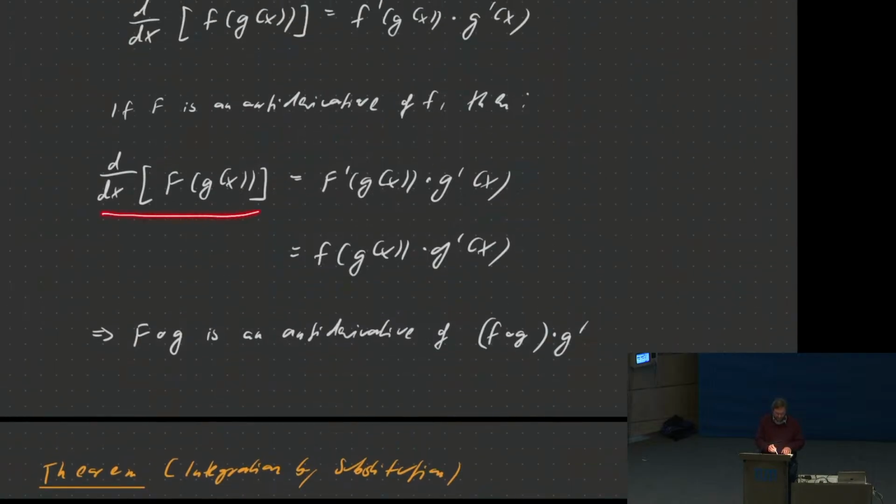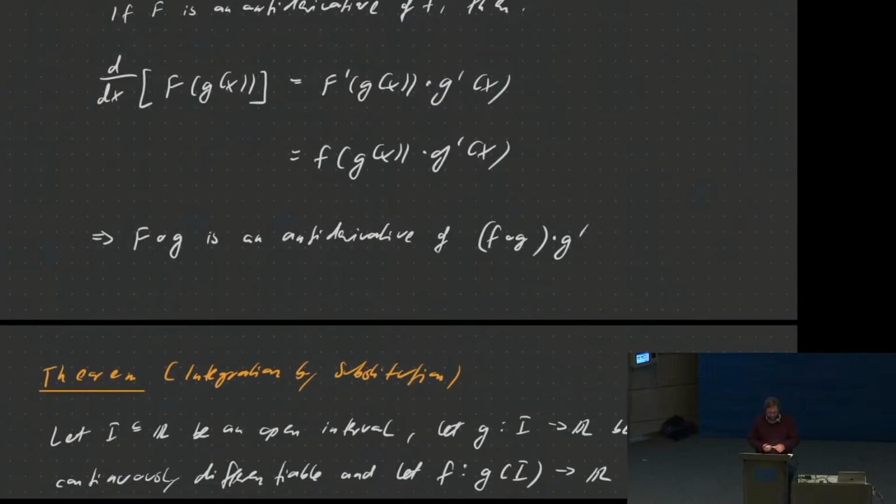So the derivative of capital F of g of x using the chain rule is this, and capital F prime is just f because capital F is the antiderivative of f. So this is what it looks like.